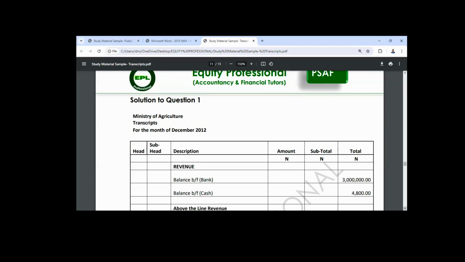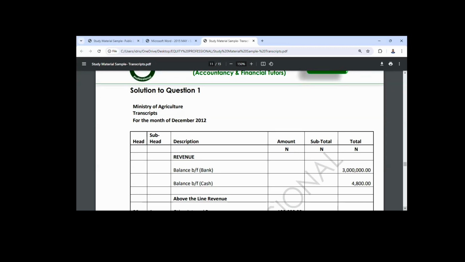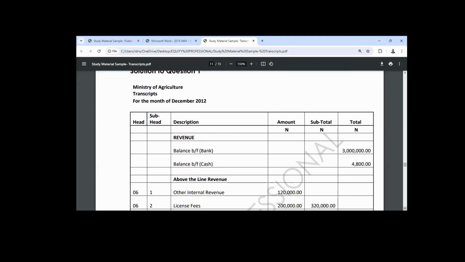So the name of the ministry is Ministry of Agriculture. Transcript for the month of December 2012. When you want to prepare your transcript, the heading of your transcript has head, subhead, description.